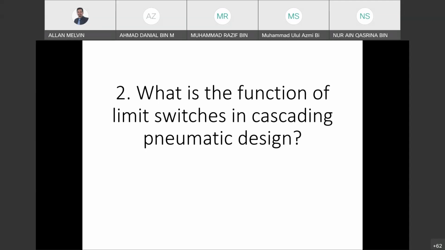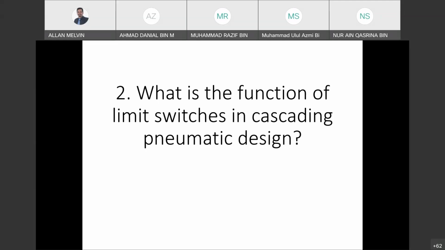The function of limit switches in cascading pneumatic design can be as an input. I think the function of a limit switch in cascading pneumatic design is to be the input for the design to produce the output. That's from my opinion.